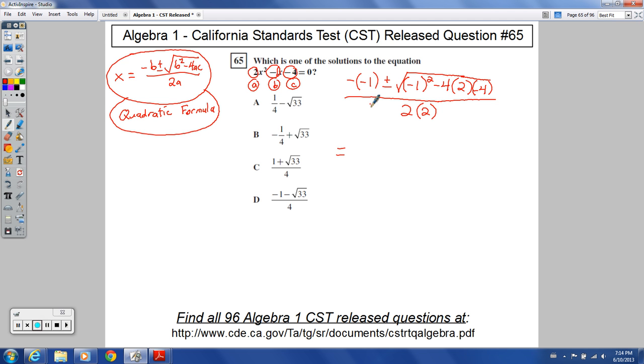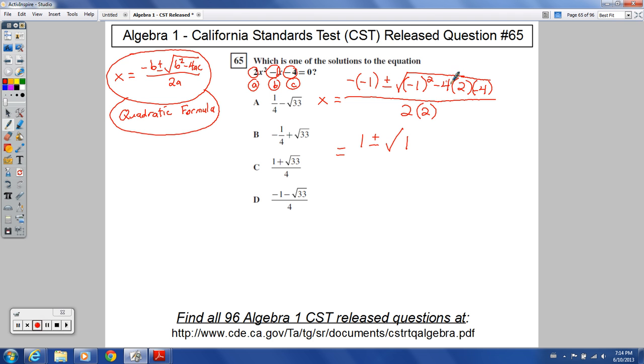So now it's just a matter of simplifying this. x is going to equal this, and the plus or the minus will give our two solutions. One of these will match up with what we see over here. Negative times a negative makes positive 1. Negative 1 squared is just positive 1.